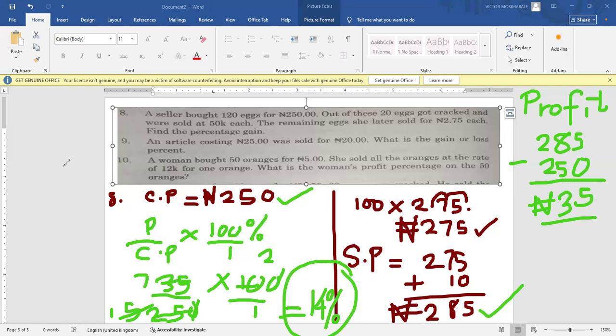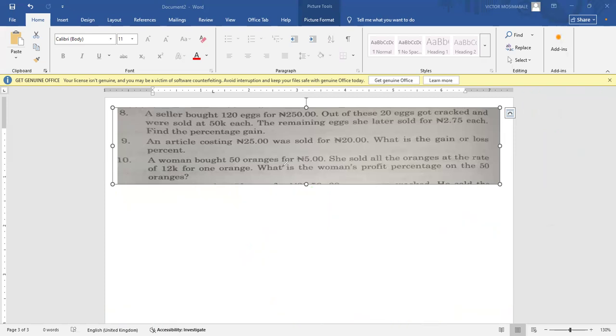Okay, so we are continuing. Number 9 reads: an article costing 25 naira was sold for 20 naira. What is the gain or loss percent? So this is just a repetition of what we've been doing so far. We have an article costing, that's CP.